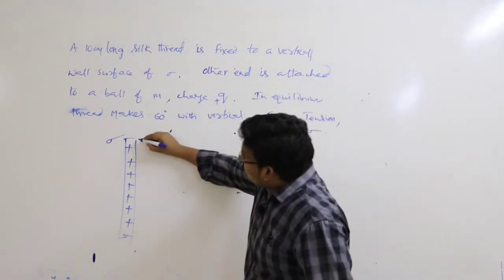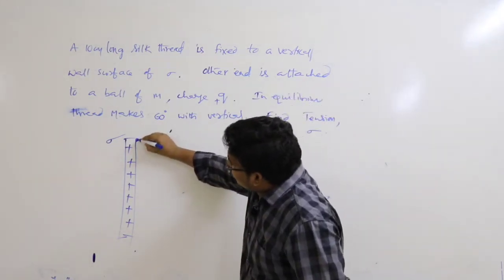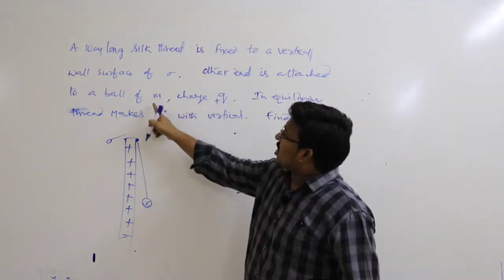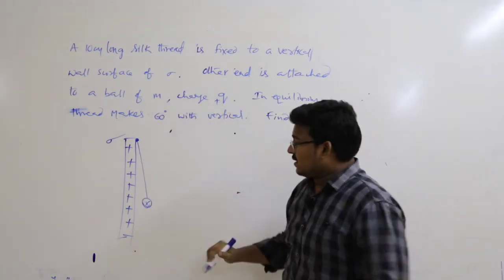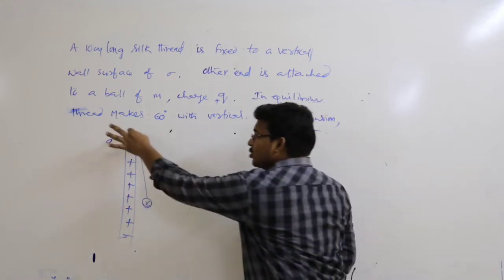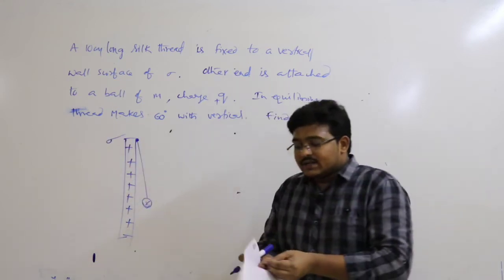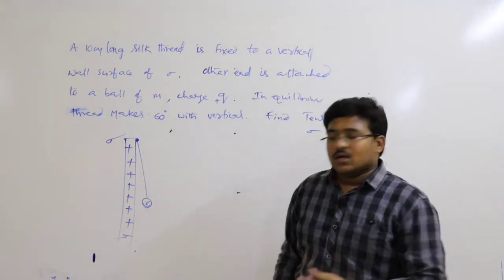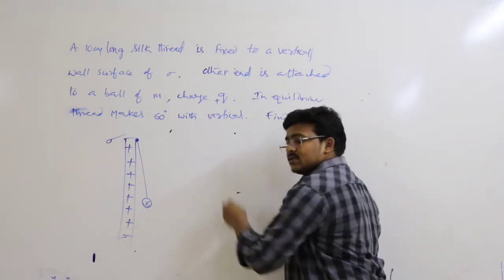As the ball has charge plus q and the sheet is positive, there is an electrostatic repulsion force, so it will move like this.